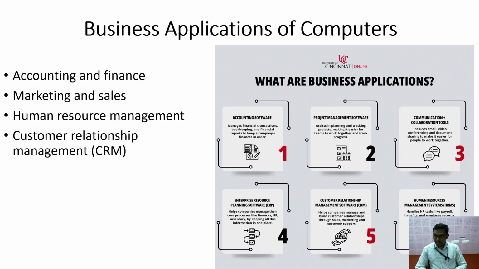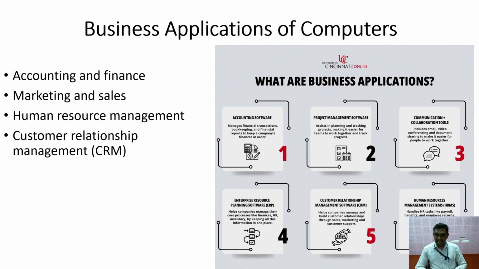The third one is communication and collaboration tools. They include email, video conferencing, and document sharing to make it easy for people to work together. Using these tools, we can easily do things from home itself. In the COVID days we had the work from home concept, and Zoom meetings, video conferencing, and email were introduced more and more.